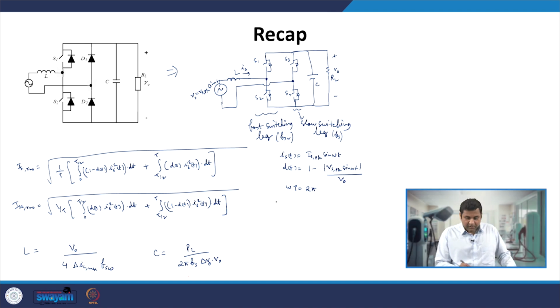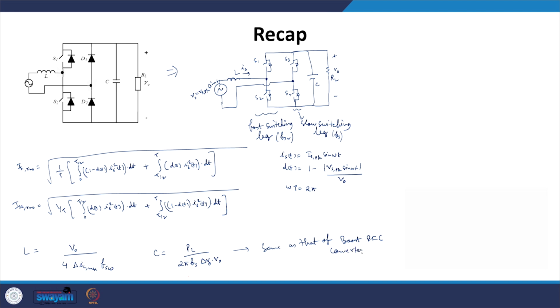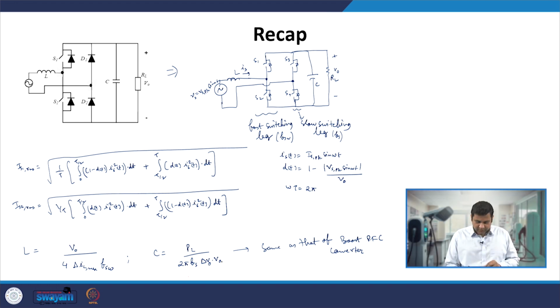We also have this inductor and capacitor, and their values are the same as those of the boost PFC converter, where PL indicates the load power, Fs is the line frequency, delta V naught is the allowable voltage ripple on the capacitor, and V naught is the output voltage, while L is V naught divided by 4 delta IL max, where delta IL max is the maximum allowable current ripple, times FSW.